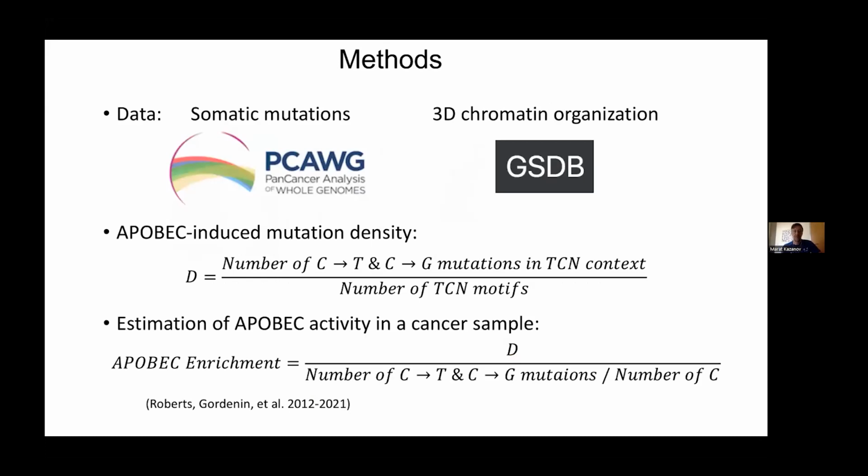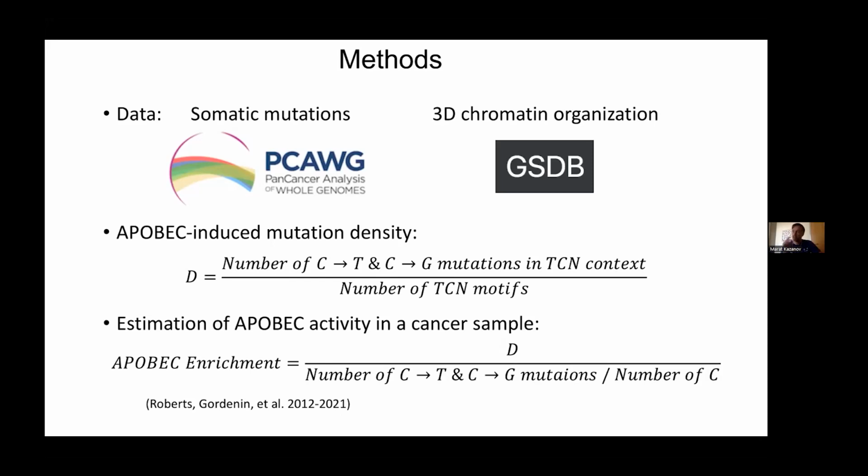So this is a slide about the methods that we applied. We took the somatic mutations from the famous PCAWG project, and we took not directly the Hi-C data, but already constructed three-dimensional chromatin models from the GCDB database.